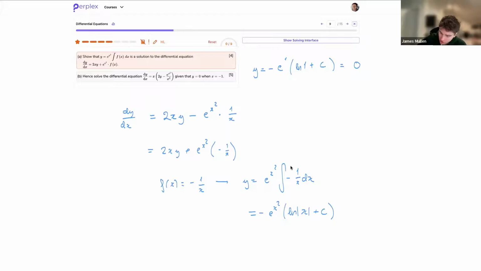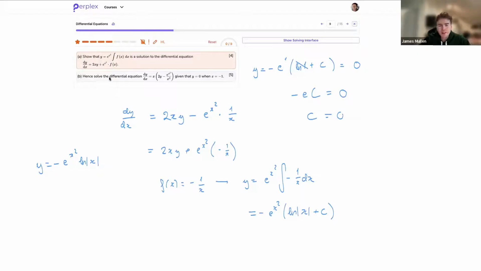Well, ln of 1 is just 0, so this just goes away. And I have negative e times c is equal to 0, which tells me that c is equal to 0. And so the solution is just y is equal to negative e to the x squared ln of the absolute value of x.